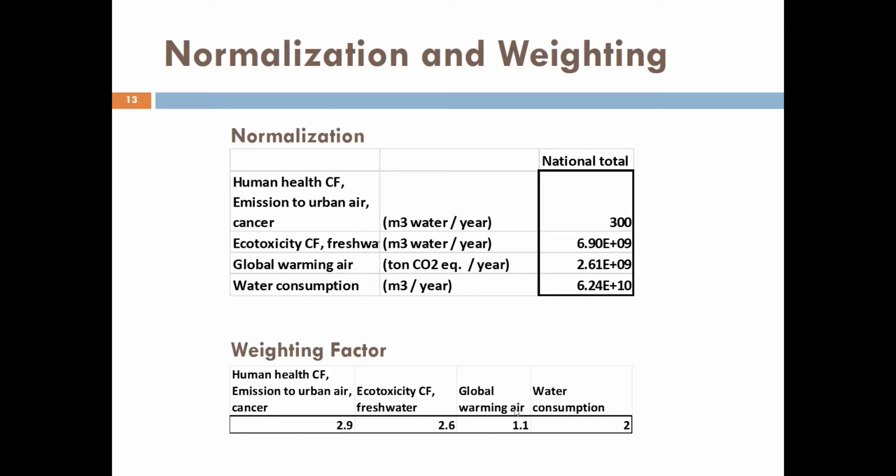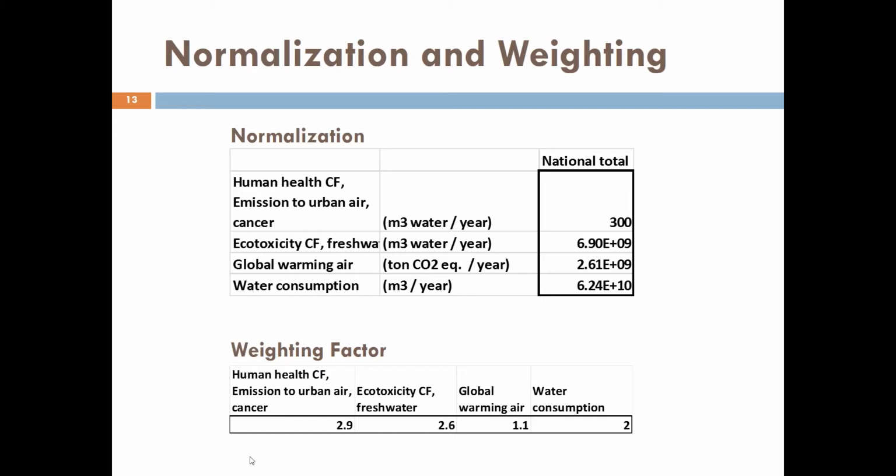And then we also have weighting factors. Yesterday we talked about how, even if we have done the normalization, we don't know the relative significance of different environmental impact categories. So we talked about how it requires some subjective decisions, and that subjective decision can be materialized in numbers as weighting factors.